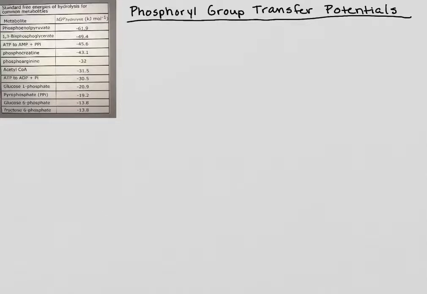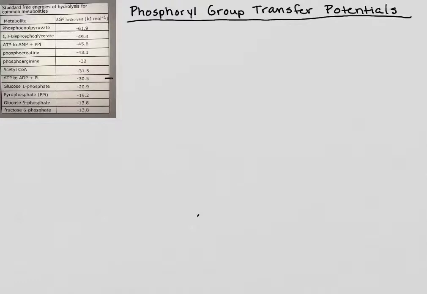So let's just take a moment to pick out one of the most common hydrolyses of ATP, that in which ATP is hydrolyzed to form ADP and inorganic phosphate, or Pi.